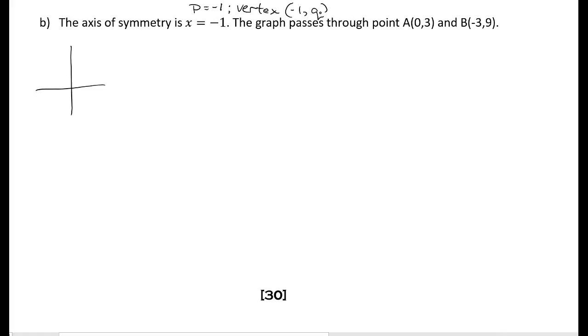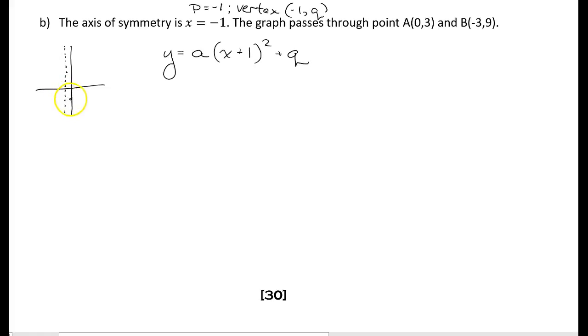But I do know my other 2 points. So here's where it gets a little interesting. So I've got a thus far, x plus 1, because again remember p switches signs, squared, plus q. So I know my axis of symmetry is here.